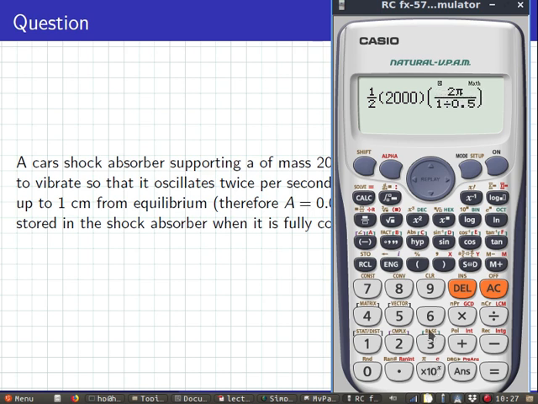A half M omega squared displacement squared, isn't it? That's what I got. About 1 joule. Sorry, what's the distance? 1 centimeter. So then distance are the same.